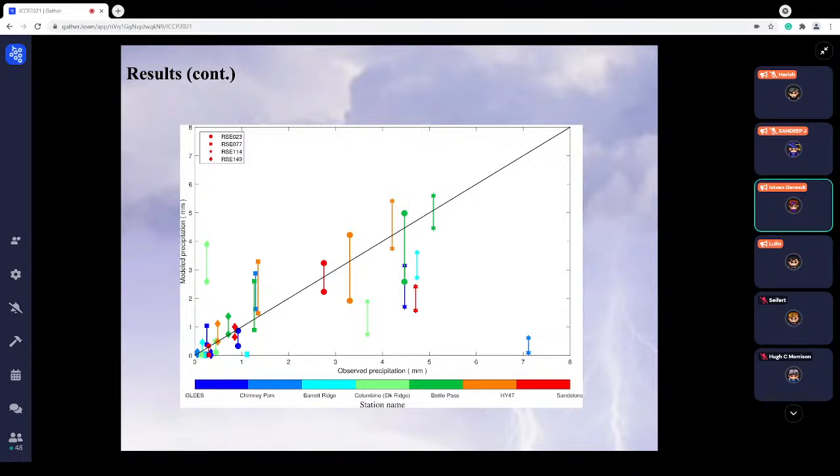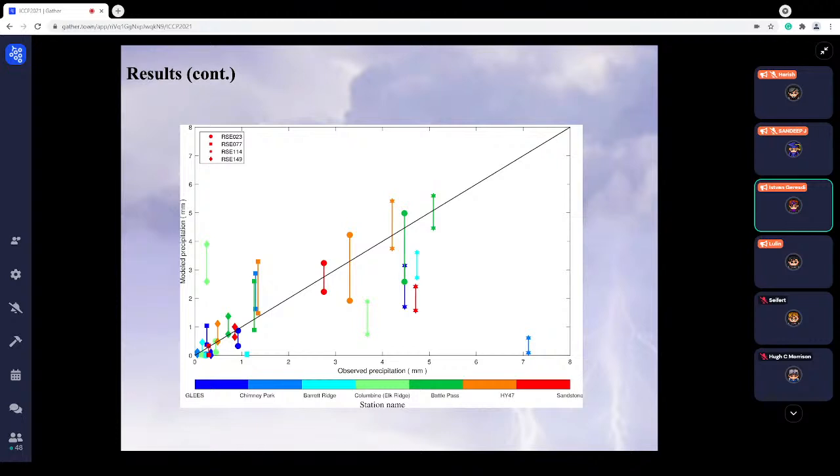So here you can see a comparison with the observation. Because this project has a number of observations of the surface accumulated snow amount, we were able to compare the observed data with the model data. Here you can see the results of the comparison. The horizontal scale shows the observed values and the vertical the simulated ones, and the different colors show the different rain gauges, snow gauges, sorry.